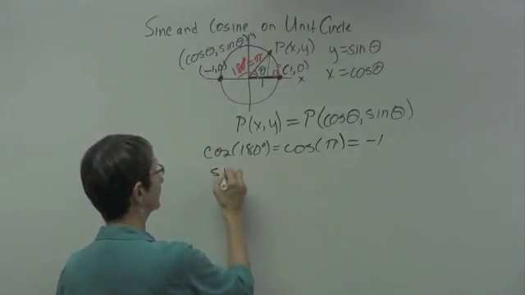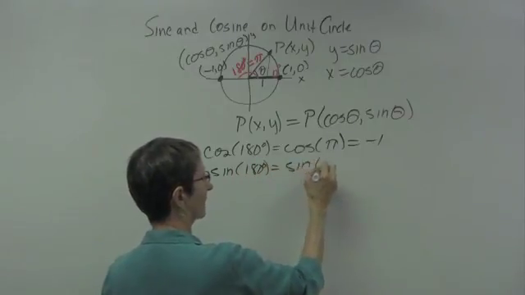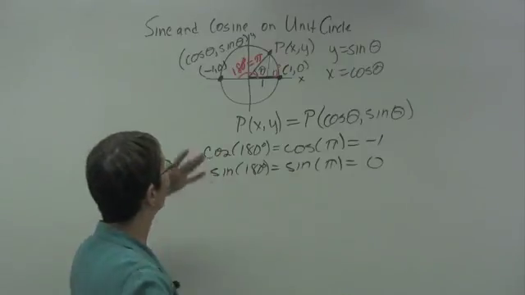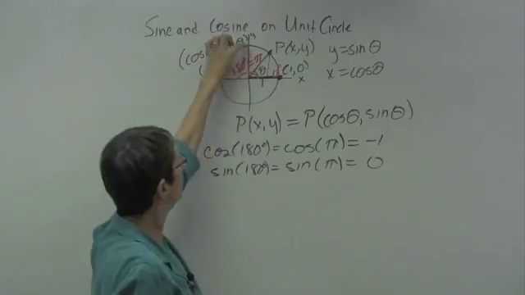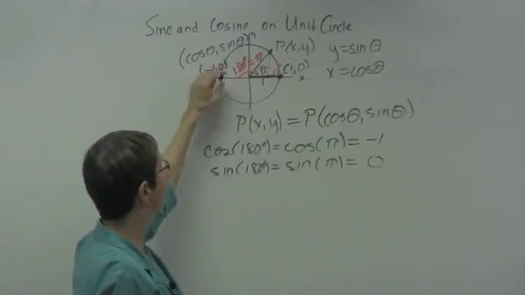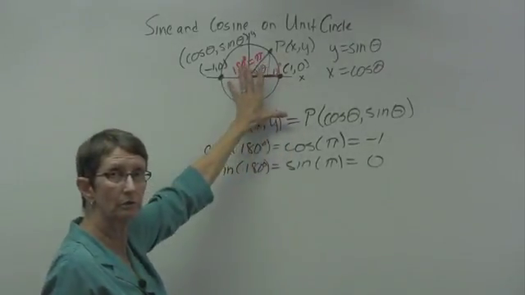And the sine of 180 degrees or the sine of pi is equal to 0. So I can read some of these angle measures, especially the ones on the axes. I can read the sines and cosines directly from the unit circle.